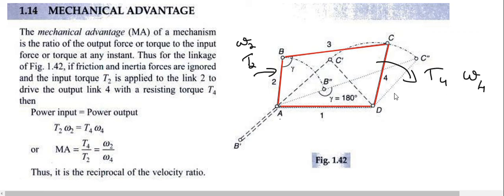So mechanical advantage gives you the ratio of output force or torque to the input force or torque at any instant of a mechanism. So you consider this mechanism. So we have force or torque or power. We know in linear motion we call power force into velocity.